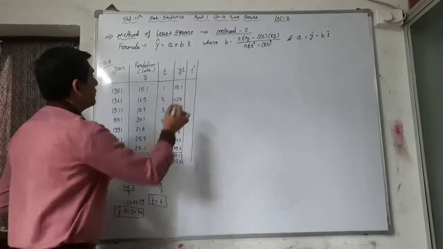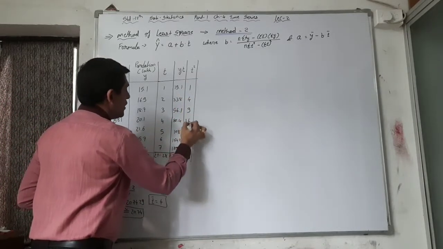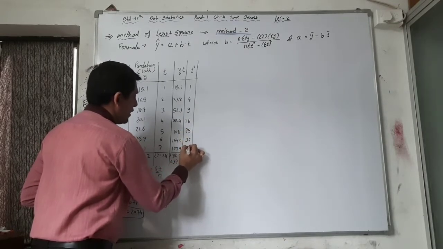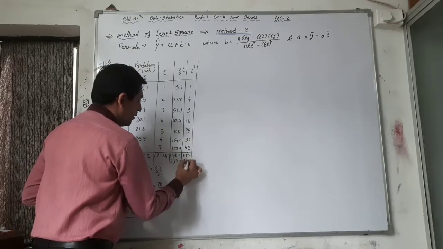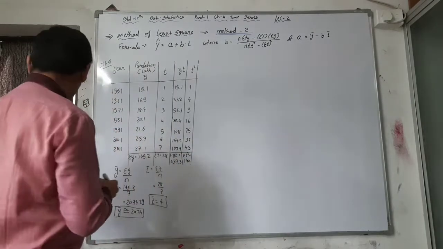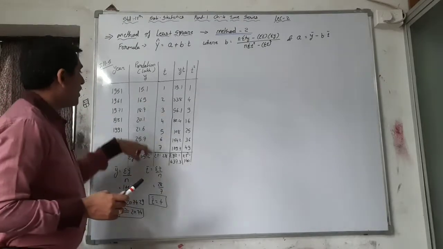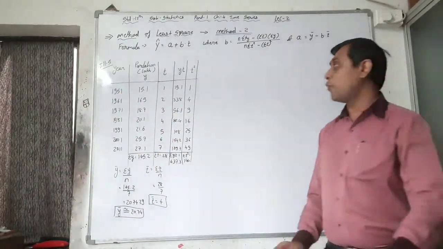Now the square, that is 1, 4, 9, 16, 25, 36 and 49. See, it is 140 again. We can remember that from the last sum, the total of t square is 140.